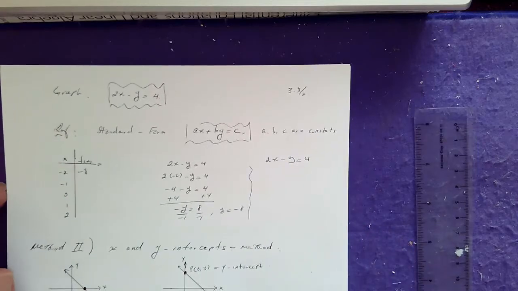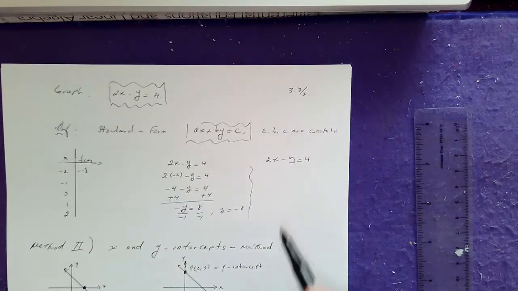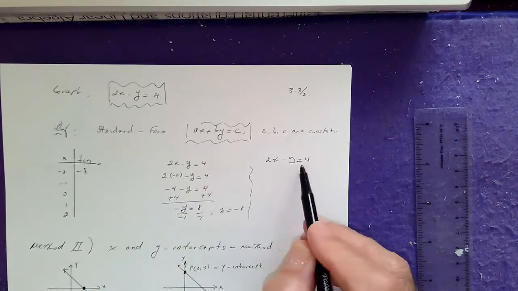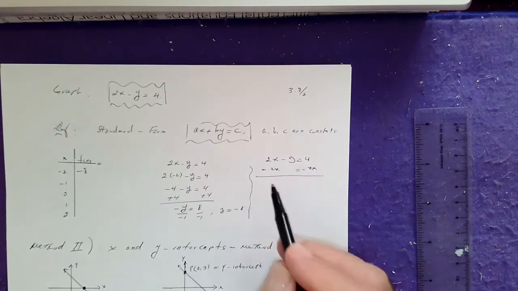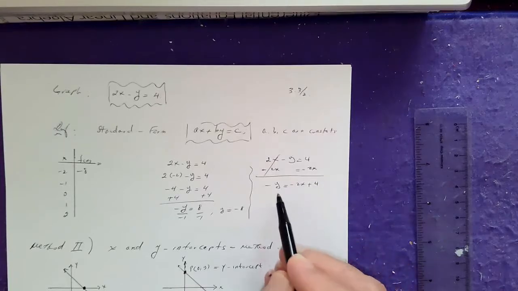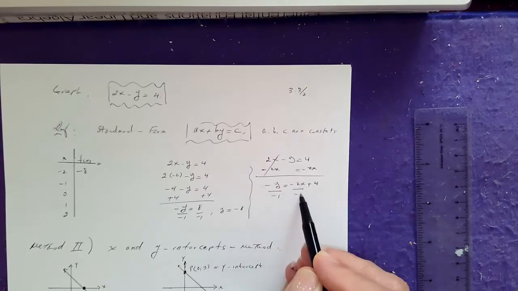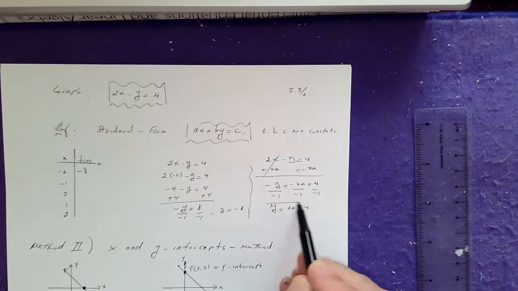Alternatively, you can take this equation using the skills we learned in section 2.2, solving the equation for a specific letter. You can just solve this for y. Subtract 2x, and you get -y is equal to -2x plus 4. Divide both sides by -1, you get y is equal to 2x minus 4.